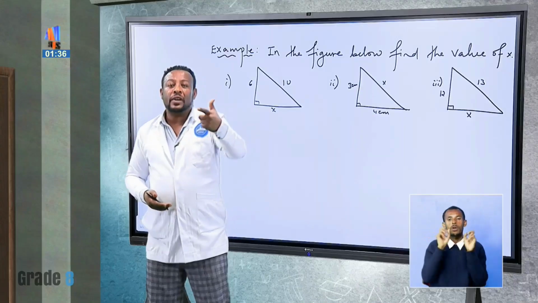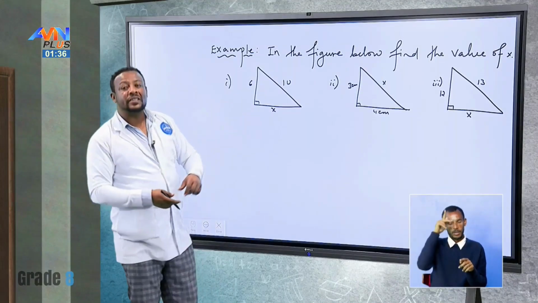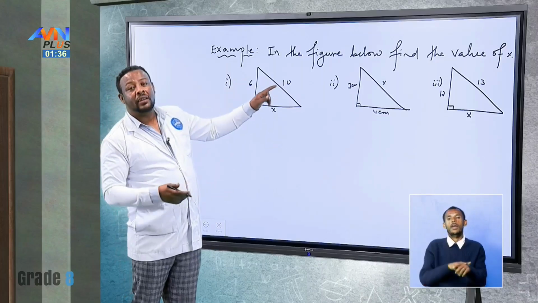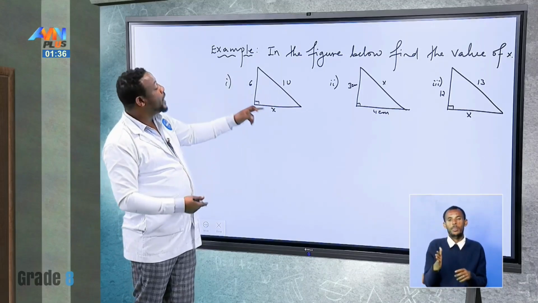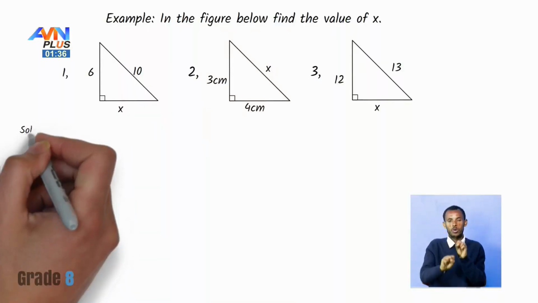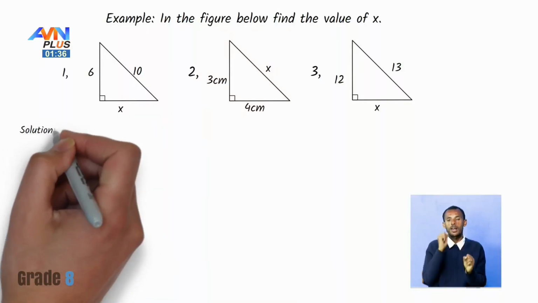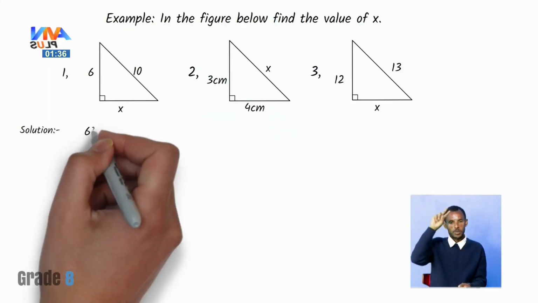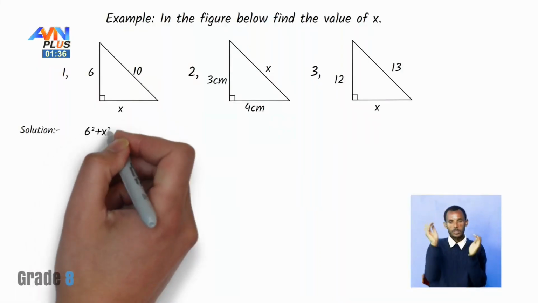Whenever you apply Pythagoras theorem for the first triangle, the sum of the squares of the lengths of each side must be the square of the hypotenuse. So here we can do it like this: 6 square plus x square must give us 10 square.